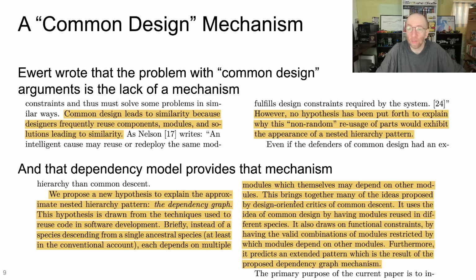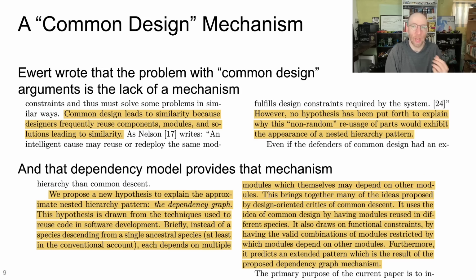So to be clear here, what he's saying is we have an approximate nested hierarchical pattern, but there are aspects of living things that don't follow that pattern. So instead of explaining what we see via common ancestry, we're going to explain it via common design, where instead of saying the mammal common ancestor, we're saying the mammal module was employed in the different separately designed mammal lineages.